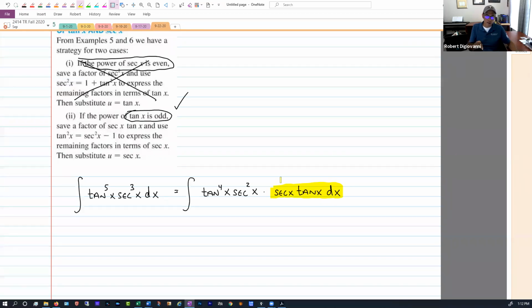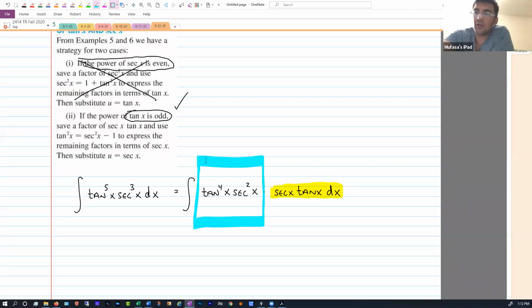So now what I need to do is take everything else that's here and get it in terms of what? Secant, right? Because the derivative of secant's sitting there in yellow. So I just need to make sure everything in blue there has secants in it, not tangents. The secant squared, I don't even have to worry about, because it's already secant.